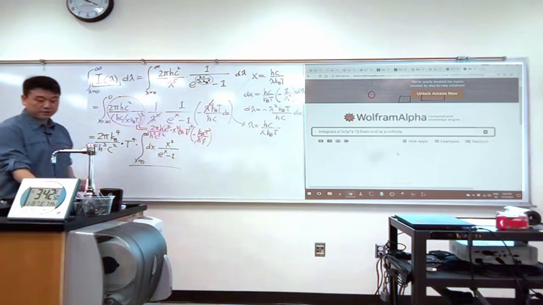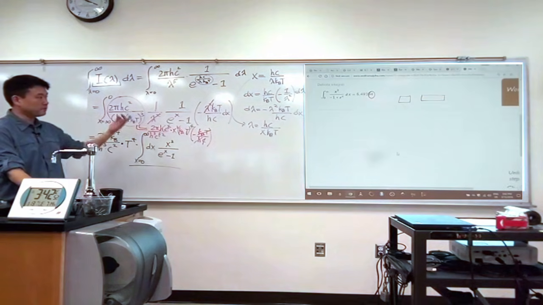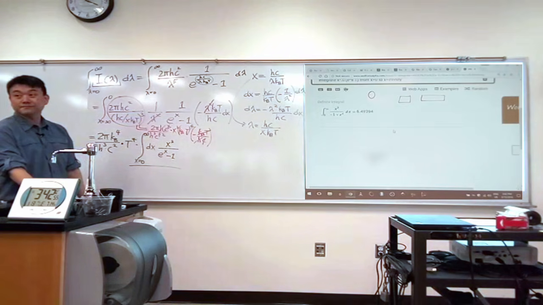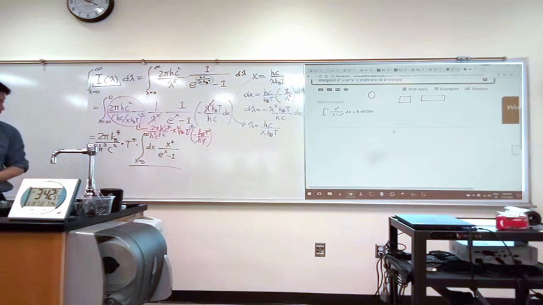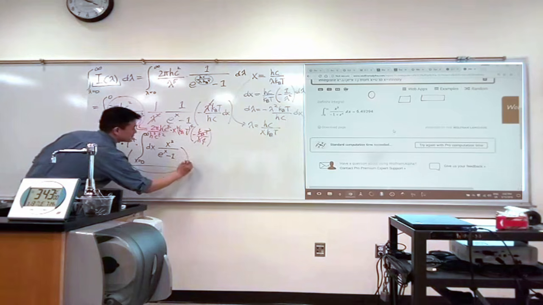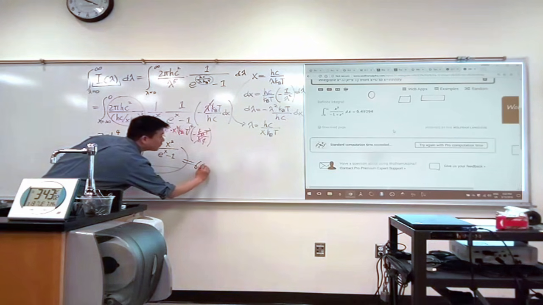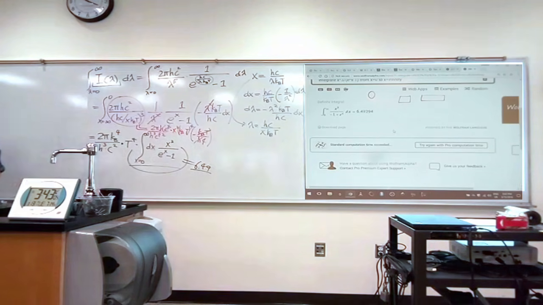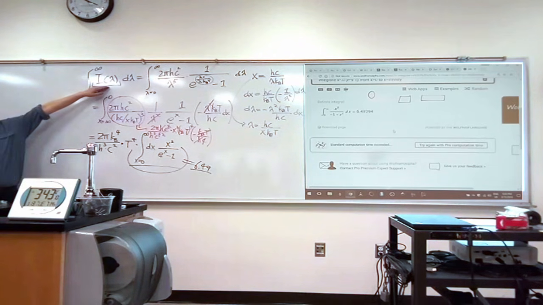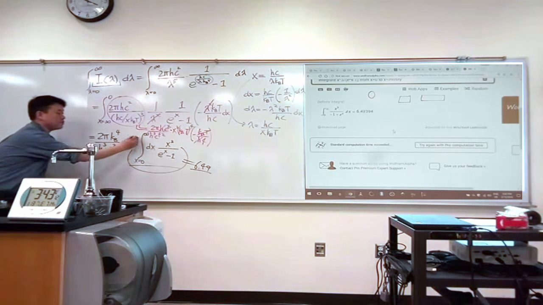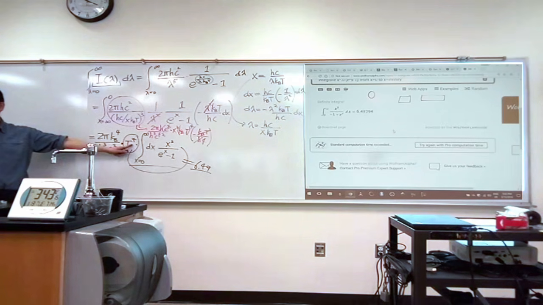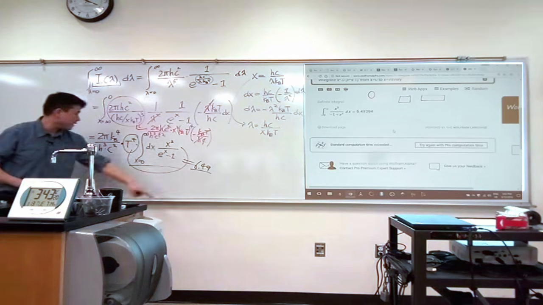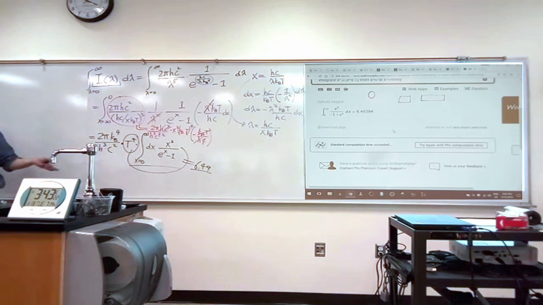And that'll give you some, I don't know, 6.5. So whatever this integral is, this is equal to 6.49. And I have my result. This intensity integrated over all wavelengths is proportional to T to the 4th power. And if everything really works out, this 6.49 times all of this should equal the Stefan-Boltzmann constant.